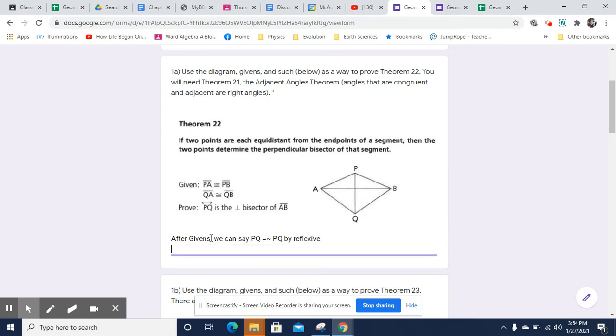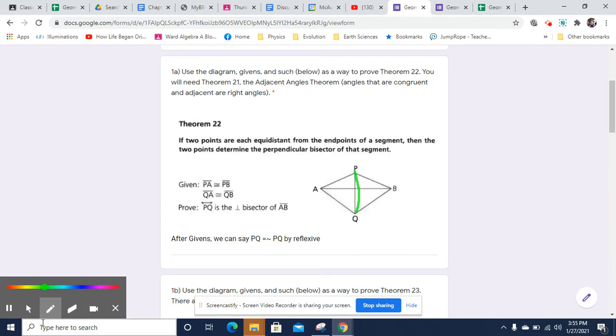Okay, once we've done that, we'll label that. So PQ is itself. And I'll also label the other things that are congruent. I know this is congruent to this, and this is congruent to this.